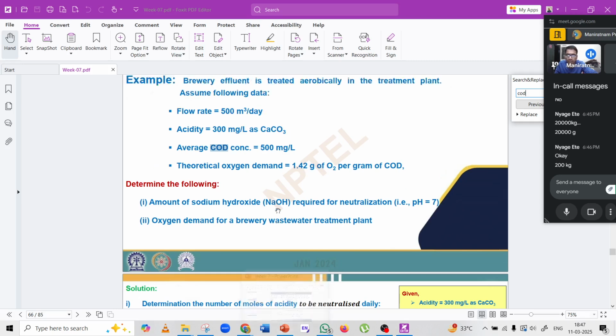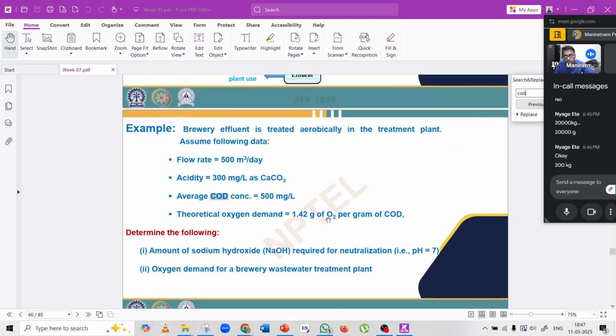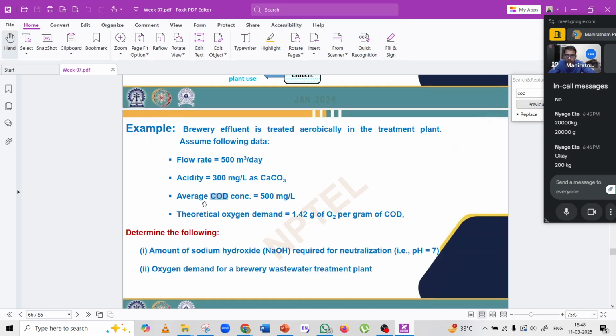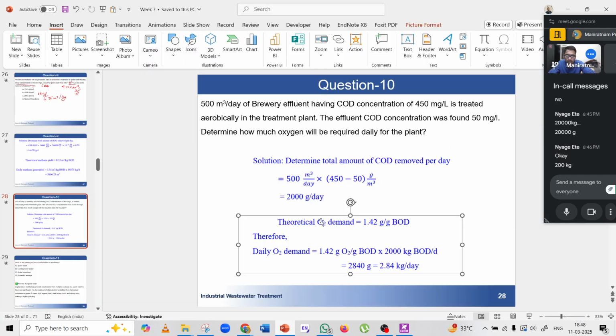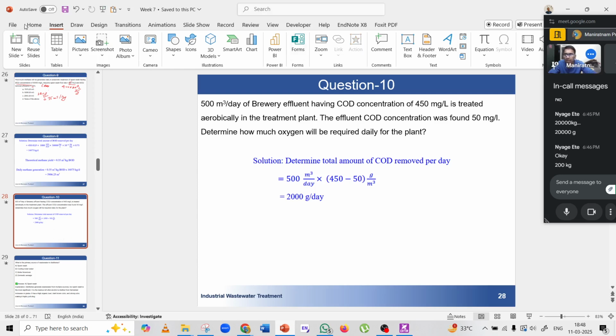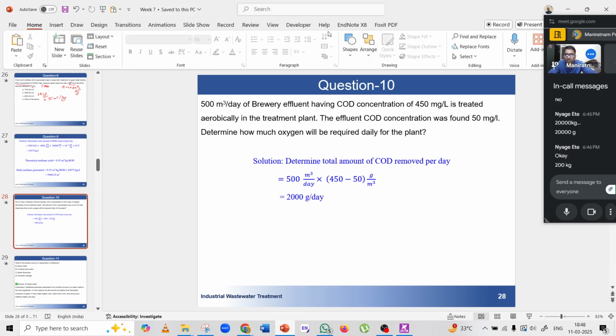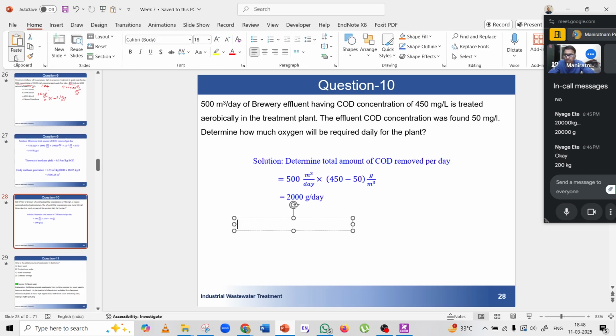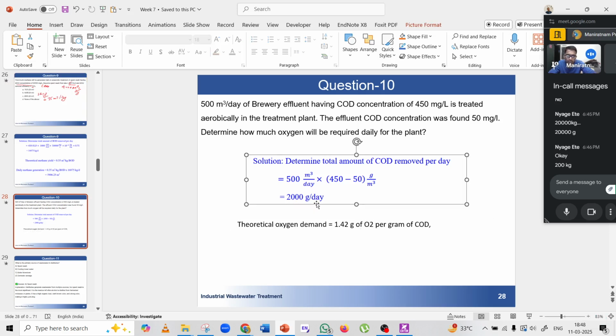So there is one printing mistake here. The theoretical oxygen demand is 1.42 gram of O2. Remember. So I will modify it here.